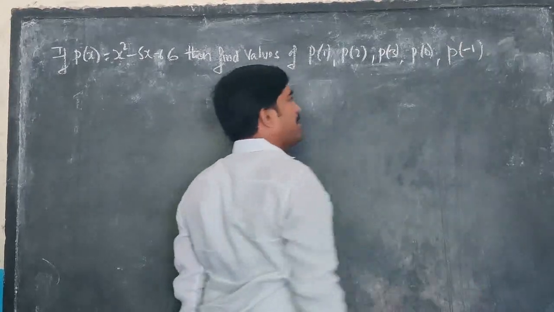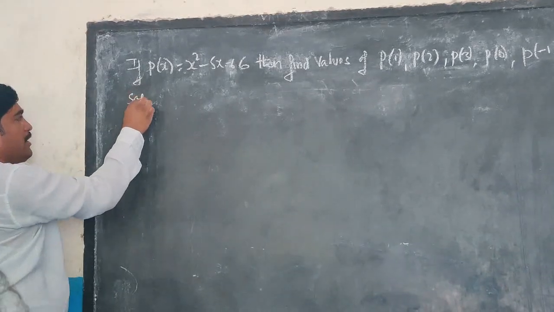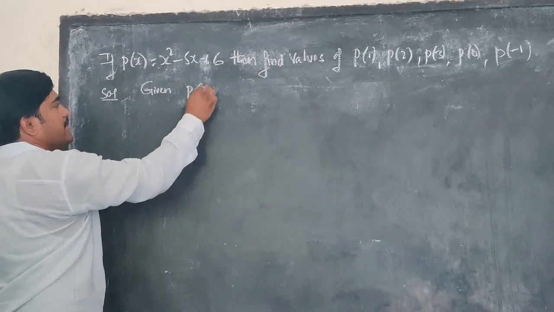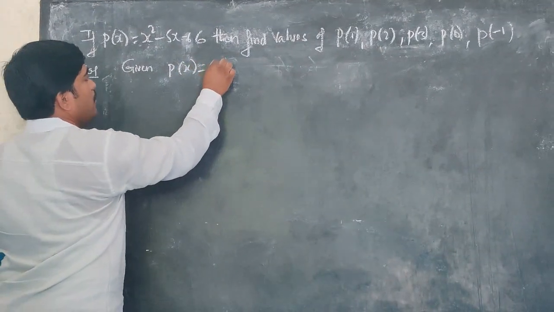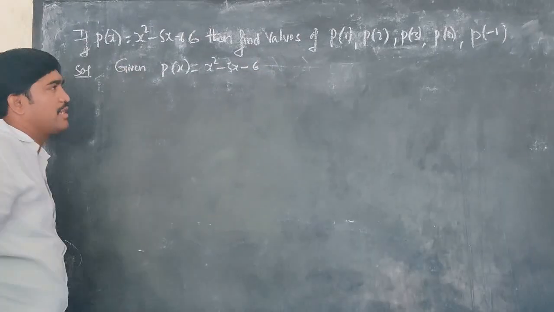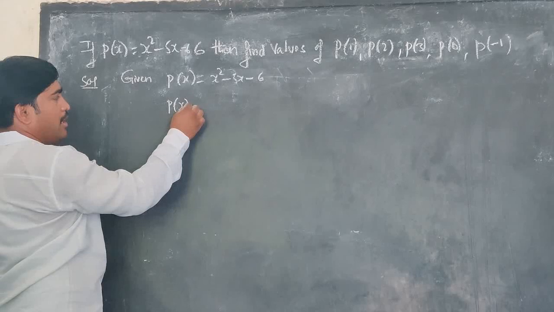This is a 1 mark problem. The problems may also be given as p of minus 1. Now first I write the solution. First I write the given. What is the given? P of x is equal to x square minus 5x minus 6. Now what is the first value asked to find? P of 1. So first I will find out P of 1.